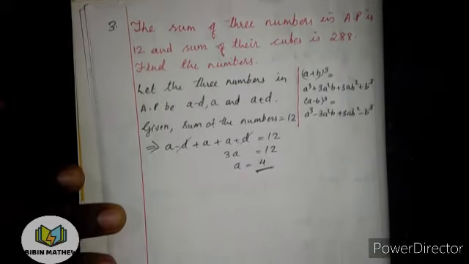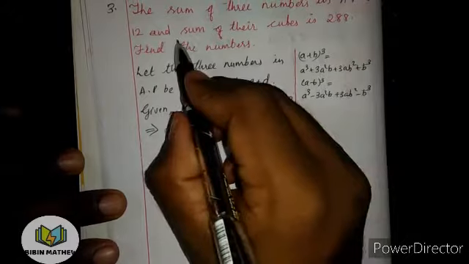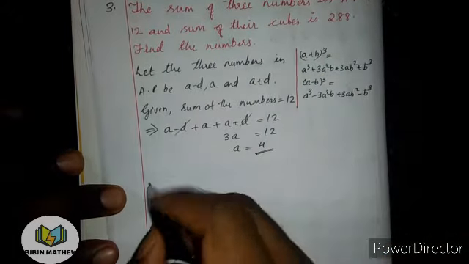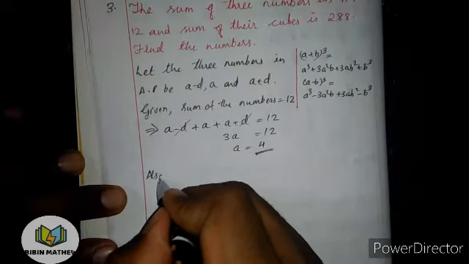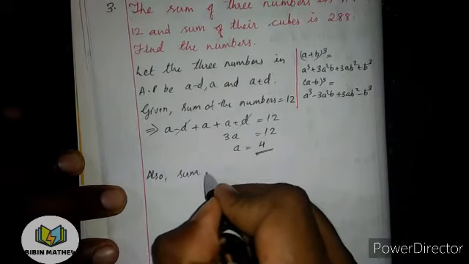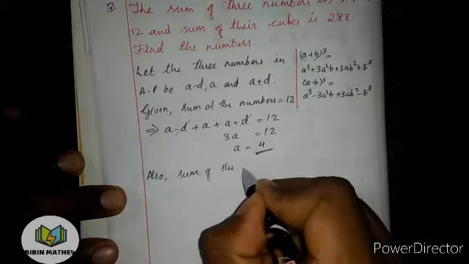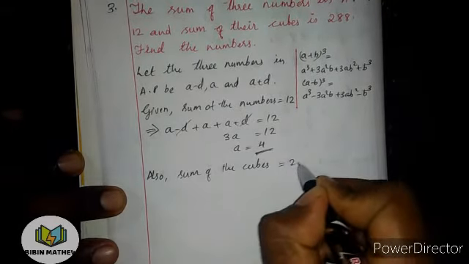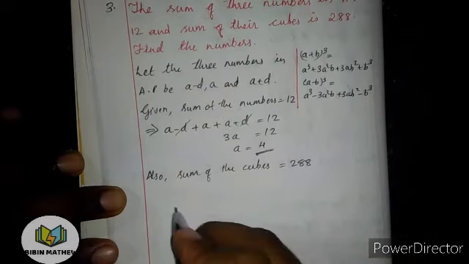And what is the second thing given? The sum of the cubes is 288 also. Sum of the cubes is equal to 288. That is also given.